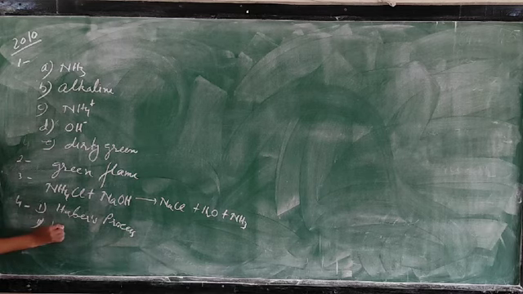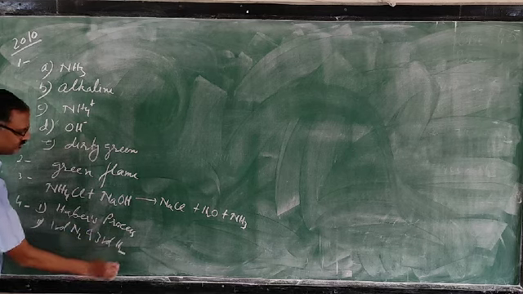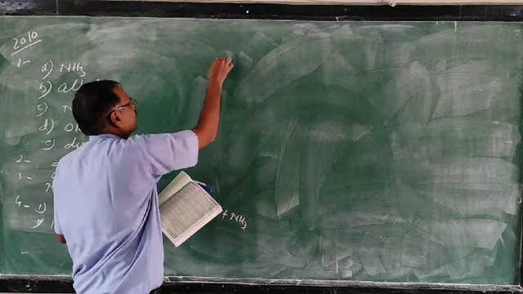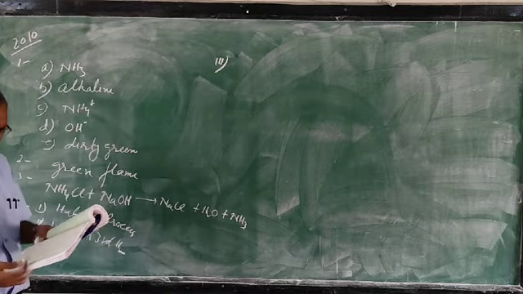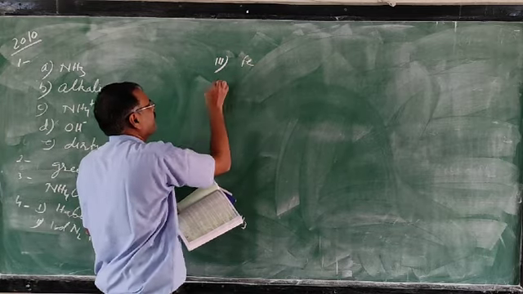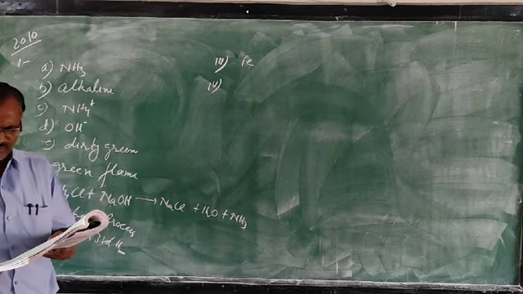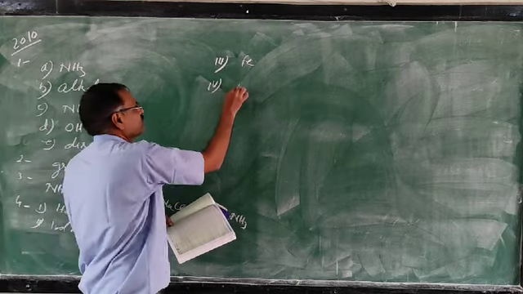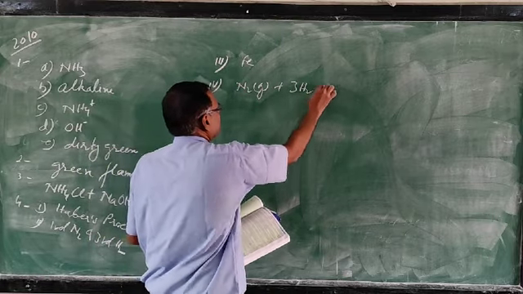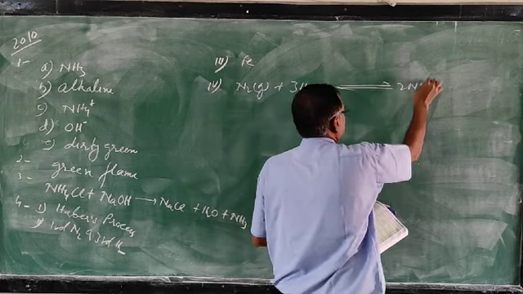So 1 volume nitrogen and 3 volumes hydrogen. Third: state the catalyst used, that is iron. Fourth: give the equation for manufacture of the gas ammonia. So N2 plus 3H2 gives 2NH3.